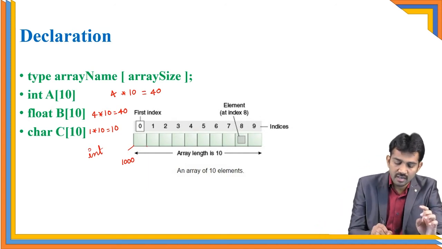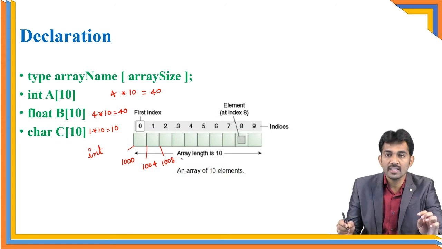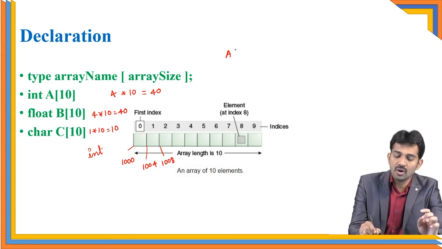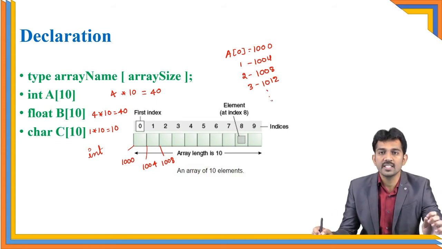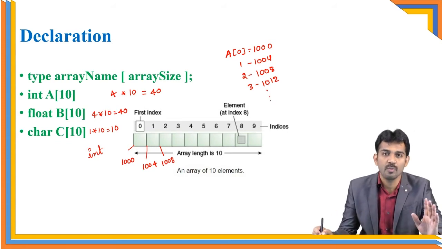So the next address is 1004 and the next is 1008. So a[0] address is 1000, a[1] address is 1004, a[2] address is 1008, a[3] address is 1012. Like that it will increase by 4 bytes. Each and every variable is going to take 4 bytes.